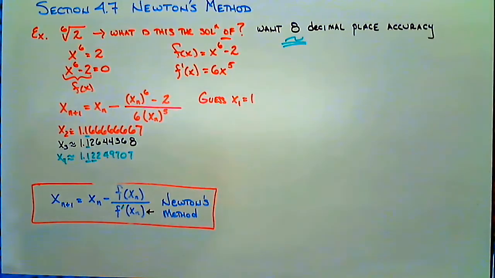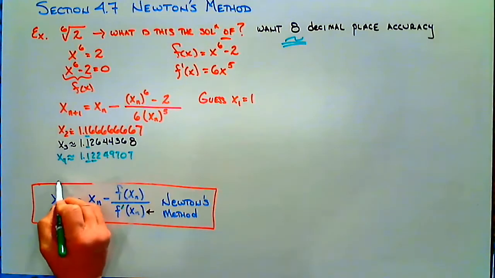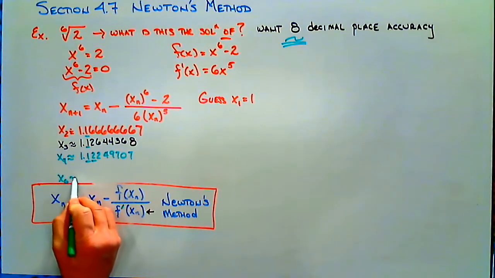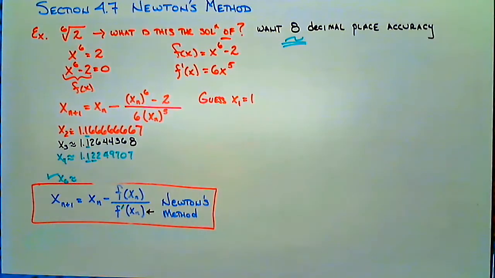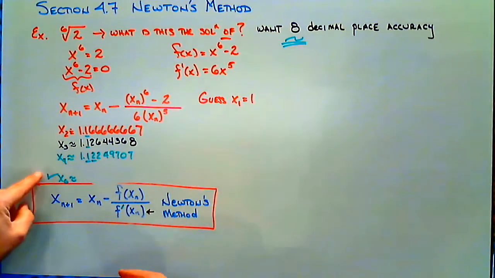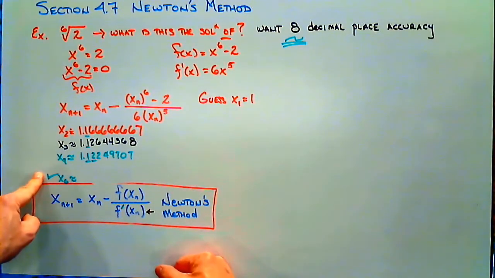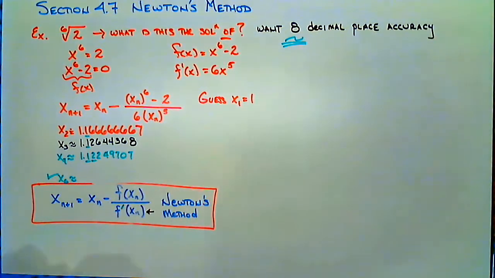All right? And as it turns out, taking a gander at the book over here, we get there in x sub 6. That's what I meant earlier in the video when I said how quickly Newton's method converges. It only took 6 iterations of Newton's method to get to 8 decimal place accuracy.